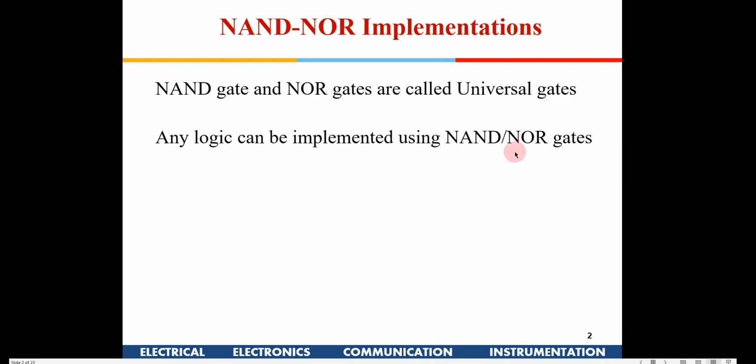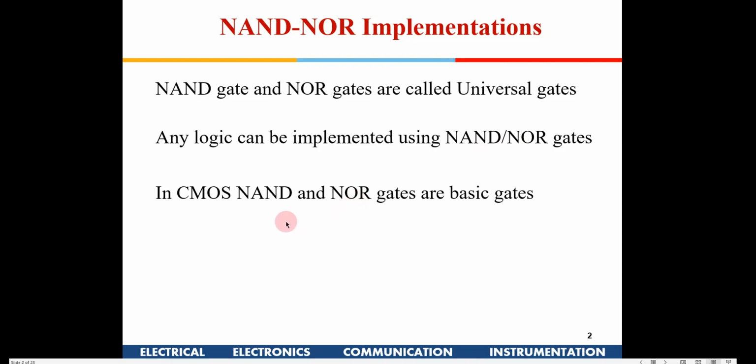If you have merely AND and OR, you cannot implement all the functions. You do not require both NAND and NOR; even if you have just NAND, all the functions can be implemented. Similarly, if you have just NOR, all the functions can be implemented. So these are known as the universal gates.